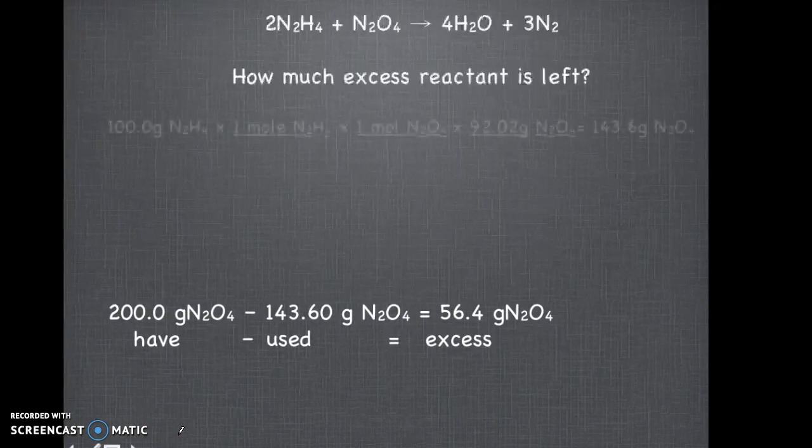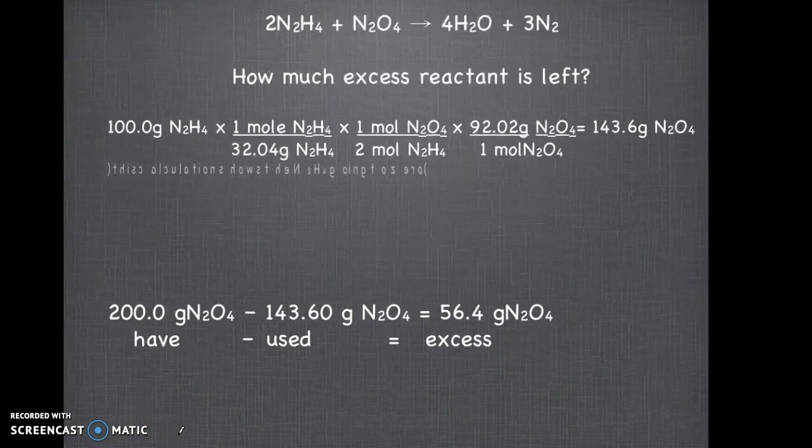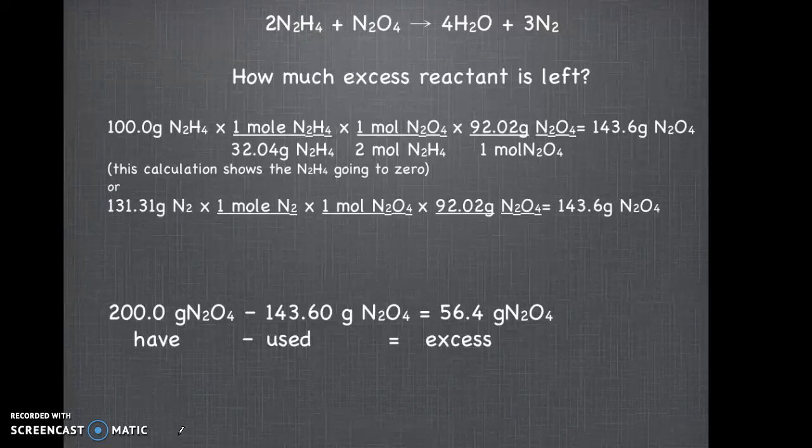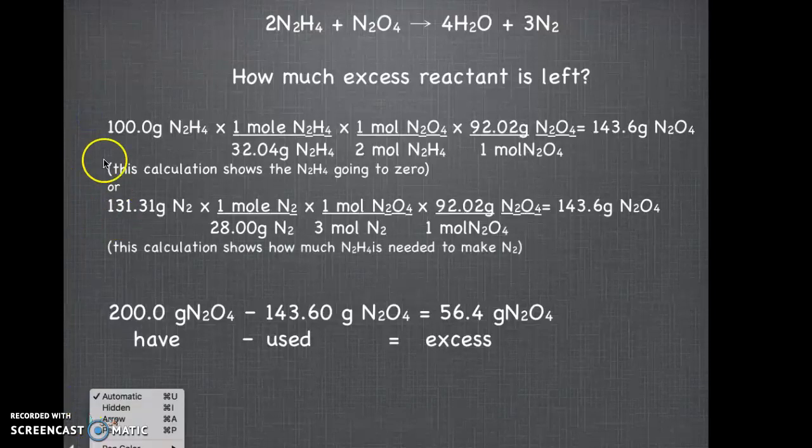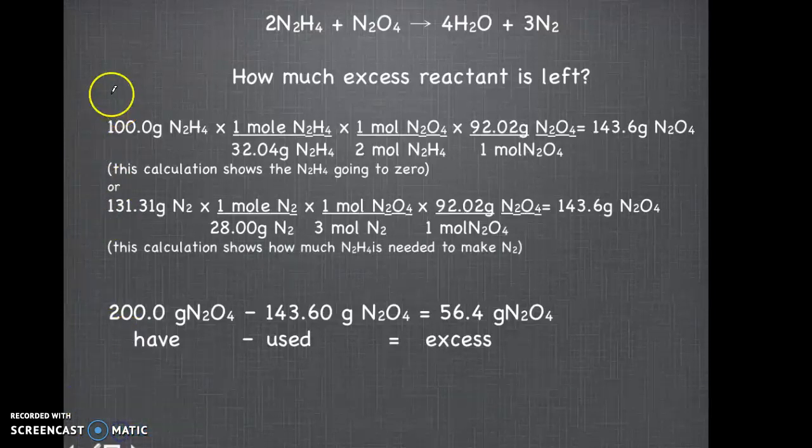Now, looking at what we just talked about, these are things we've already done. You also have setup number 2 here.